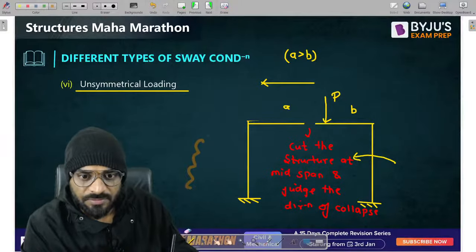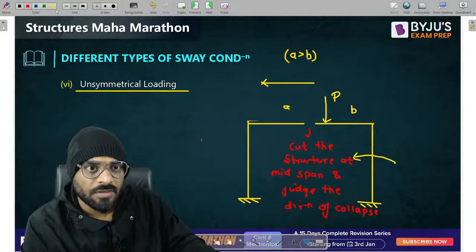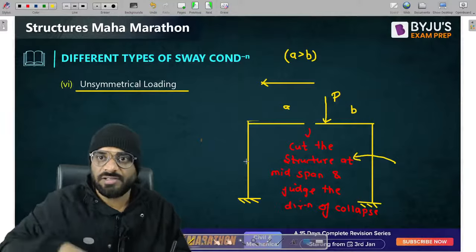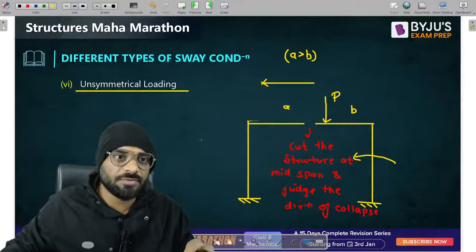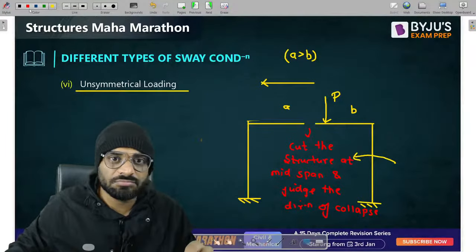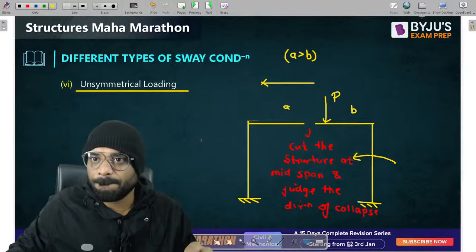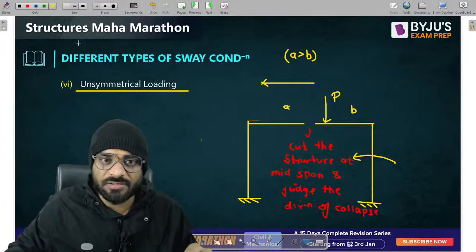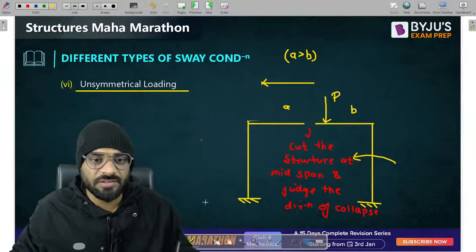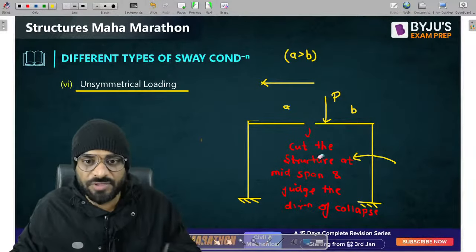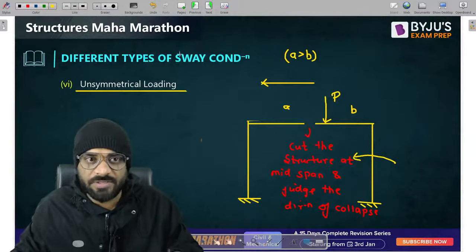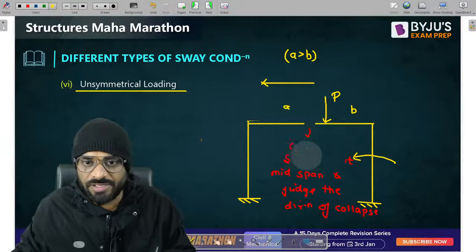Wait a second. Okay, I will use the yellow one. There is no white color right now. I don't have white color. I can use the yellow one only, right? Okay. Let me remove this so that you are able to understand this statement. Let me remove this one. I will write it again.